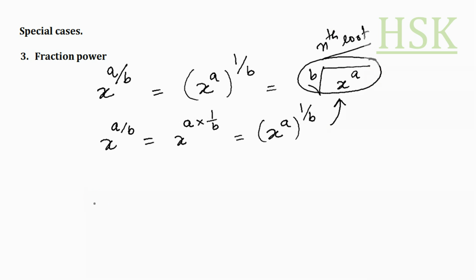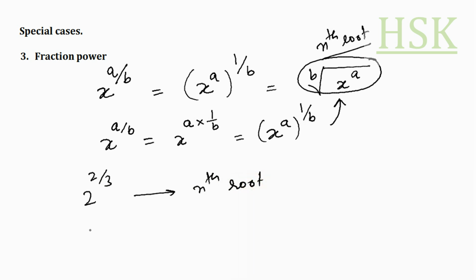Many a times we have been given to solve a quantity like 2 to the power of 2 by 3. For example, we have to write this quantity in terms of nth root.